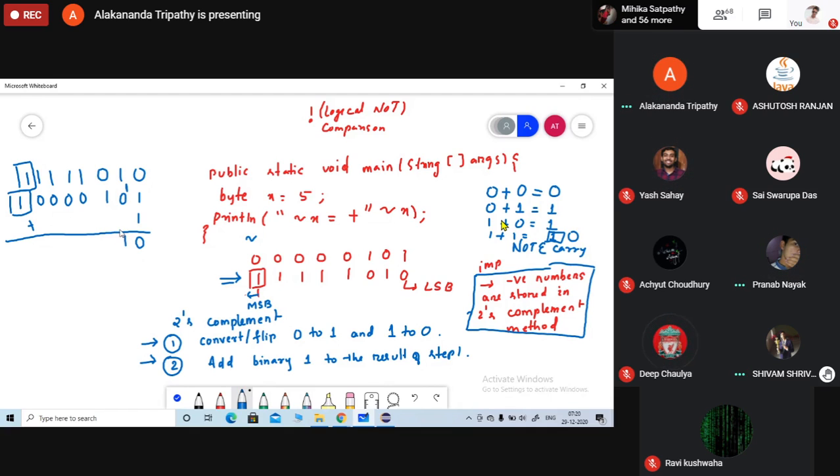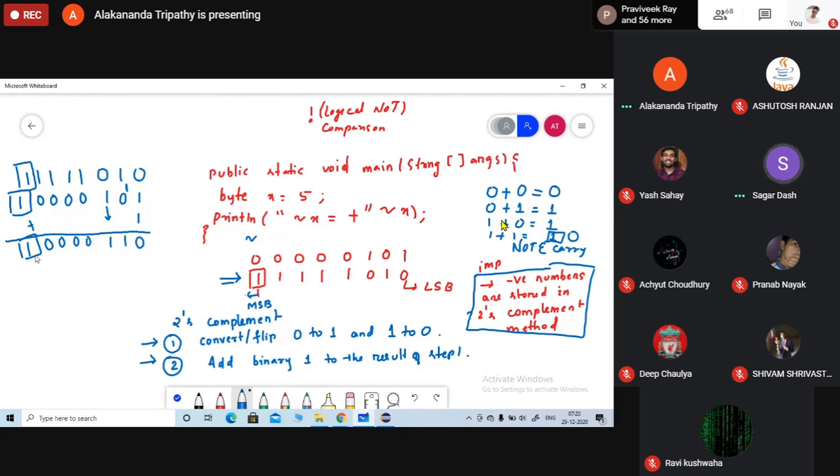So write 1. Then the next values are 0, 0, 0. Then 1, it is my sign bit. I have kept it as it is.